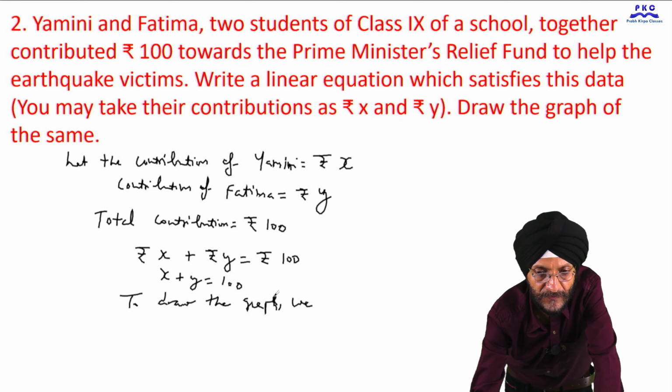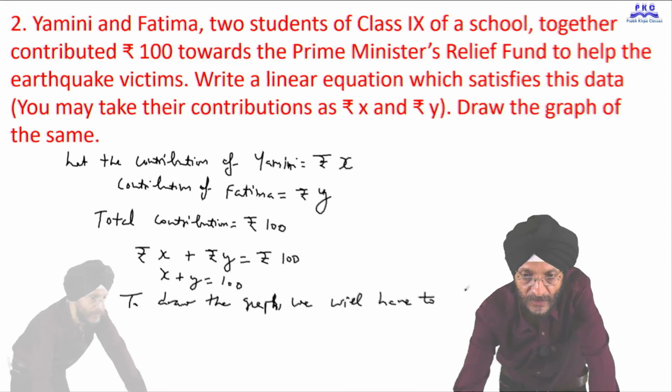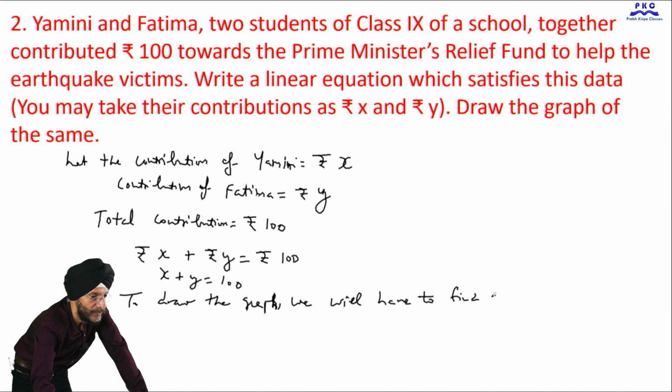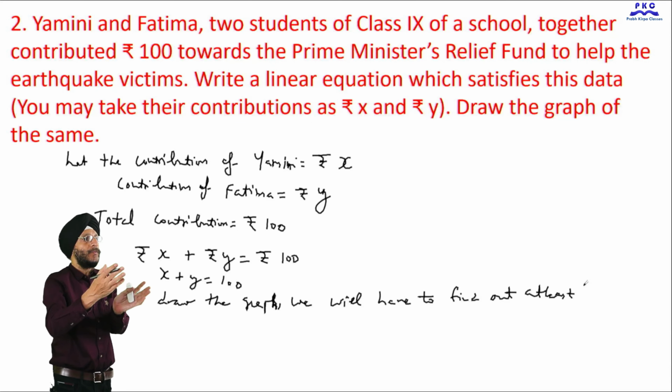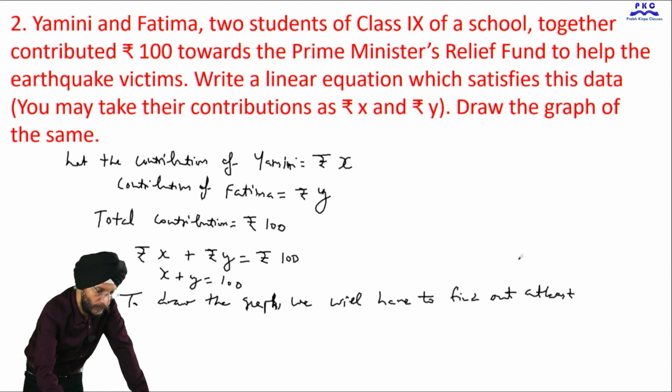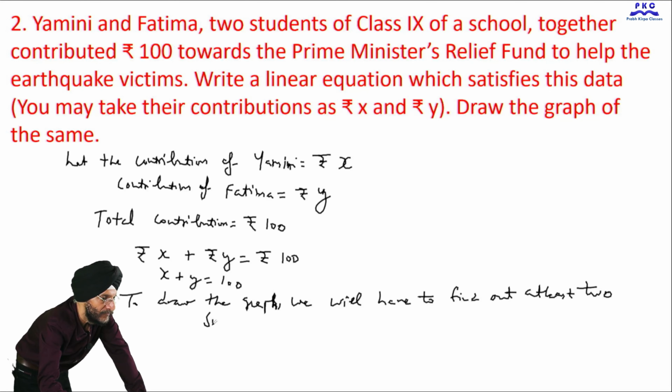You can find out more than two, but at least 2 points are required. So we have to find at least two solutions of the equation.